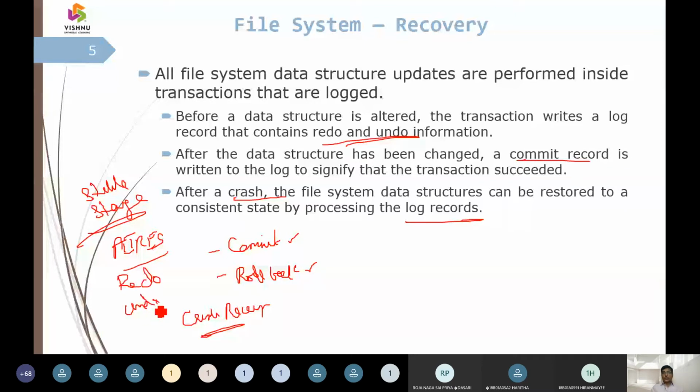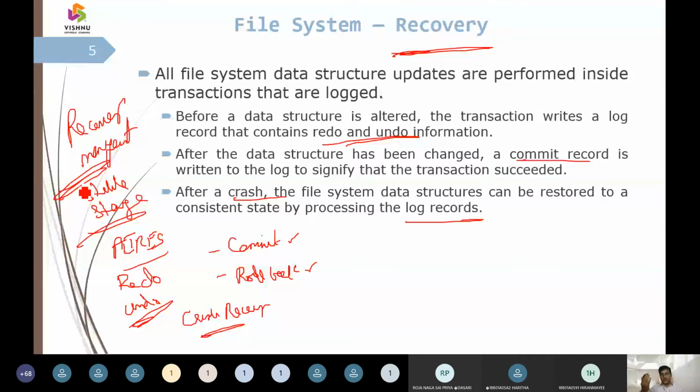Those are all going to help with what we call recovery management. Recovery management is going to provide a stable storage, and stable storage uses the ARIES algorithm in DBMS. There it is having to move to the next state or to go to the backward state.